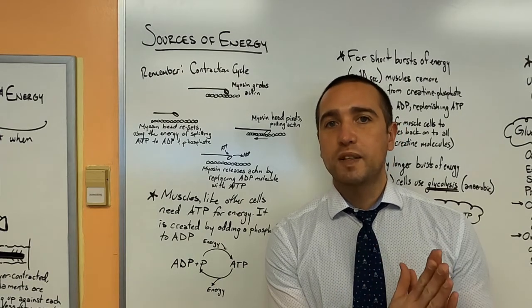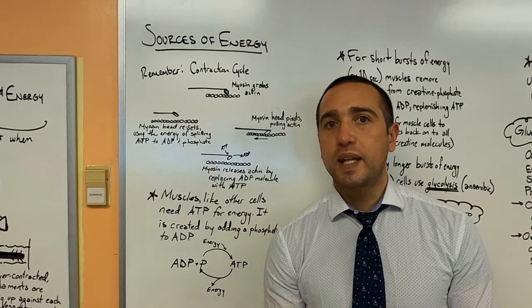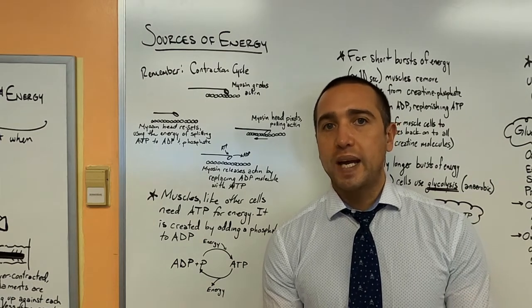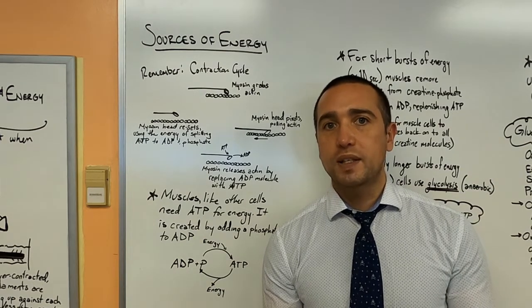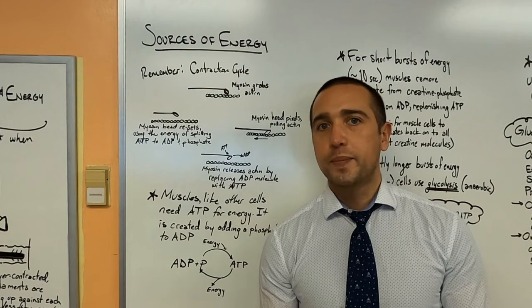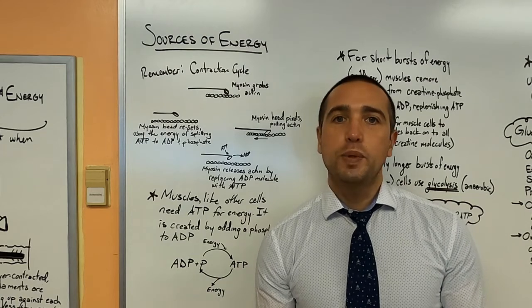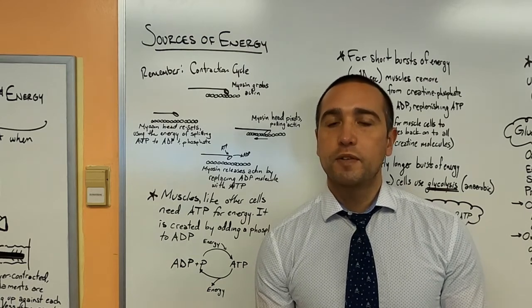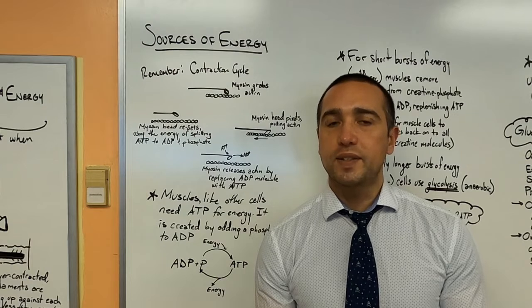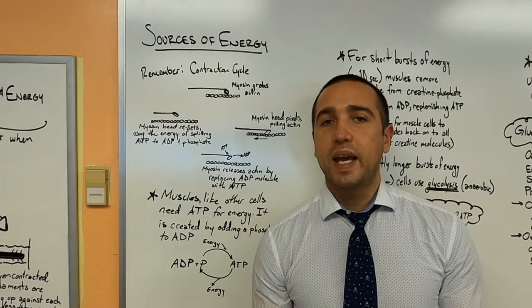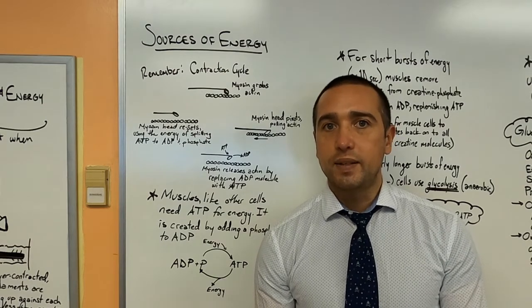It splits one off, and it uses energy released in that reaction to then go back to its original state, its open or cocked state from its bent state. And so there are 2 places where ATP is important for the contraction cycle, and that is to let go of the actin and to reset the myosin head.